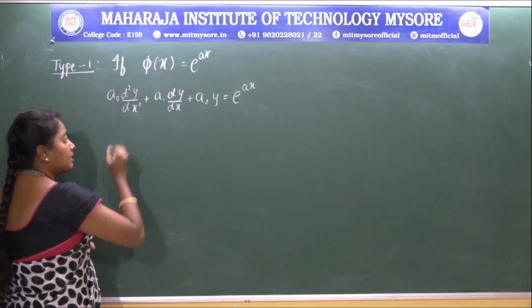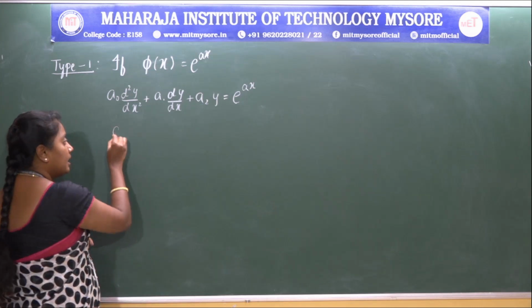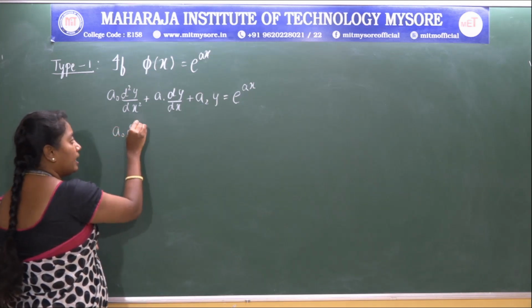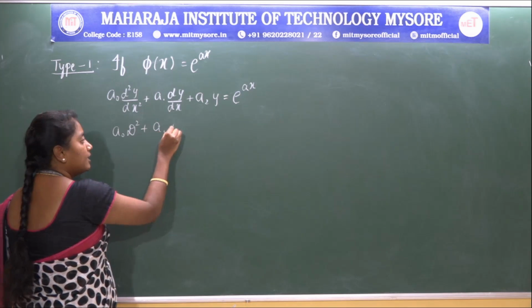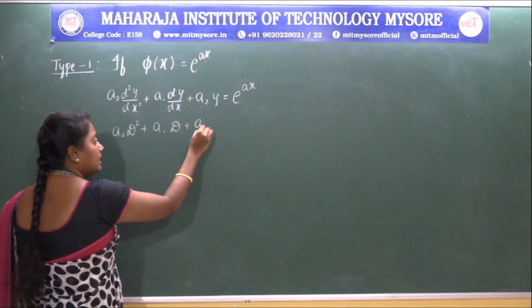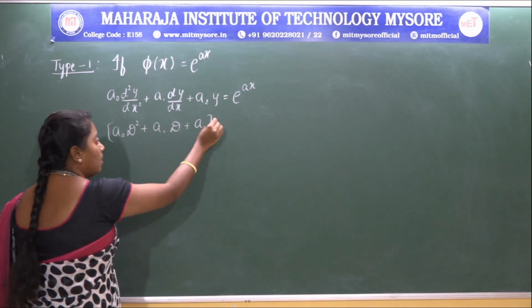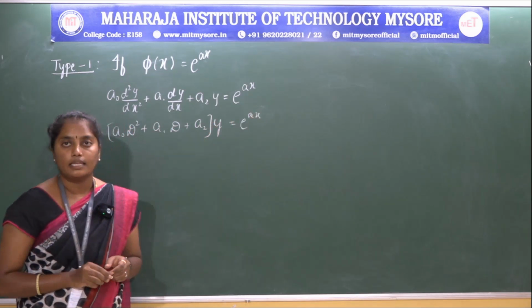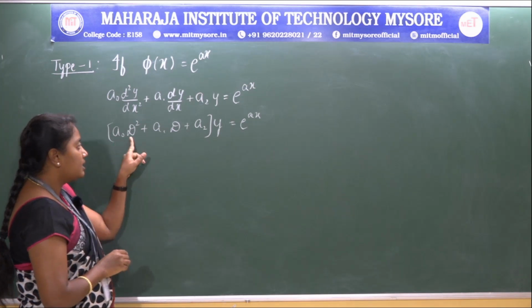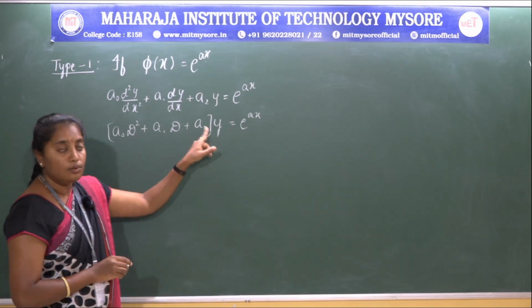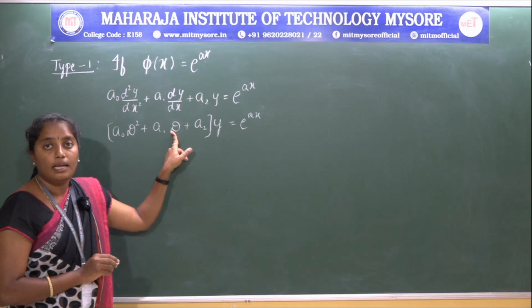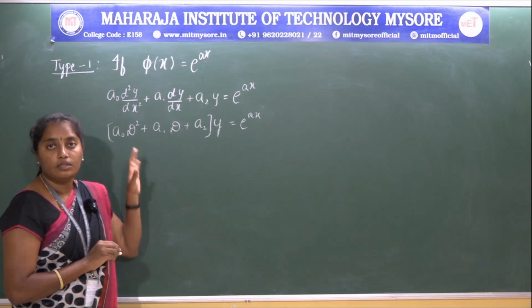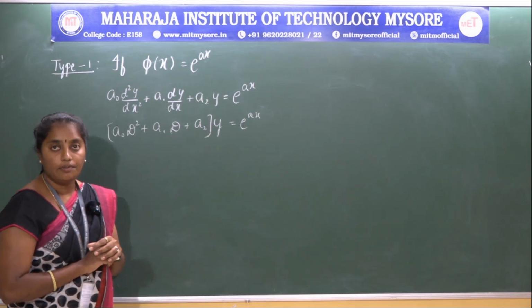This equation can be written as (a naught d squared plus a1 d plus a2) of y is equal to e to the power of ax, where d is called a differential operator. So this is a differential operator equation.